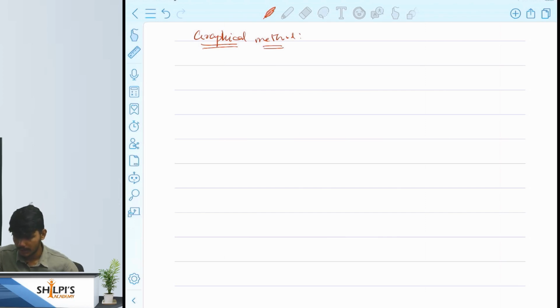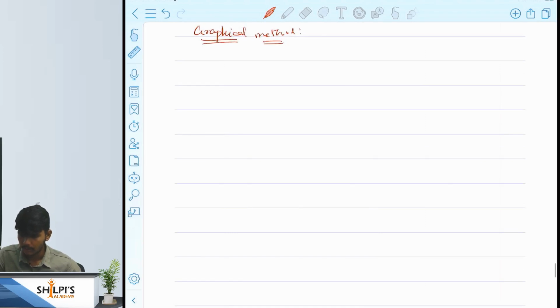In 3.8, by using the graphical method to solve the problem, we have these 5 steps, I guess. What is the first step they have given? Simply formulating the problem. What does this mean?